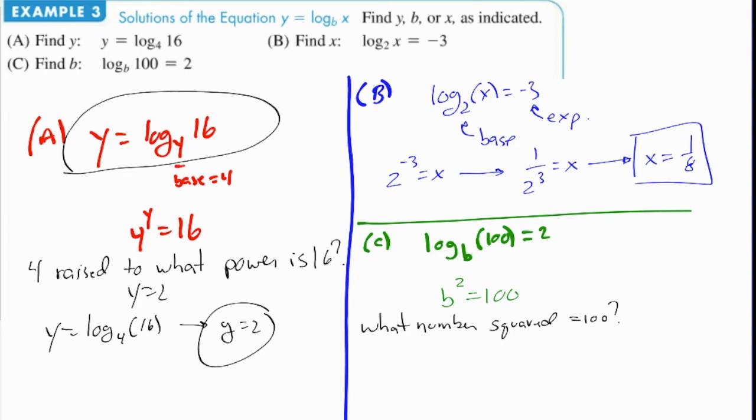And hopefully you say 10. 10 times 10 is 100. So b equals 10 is the answer. So we can solve these logarithmic expressions and find the unknowns by using the relationship or the inverse relationship between logarithms and exponents.